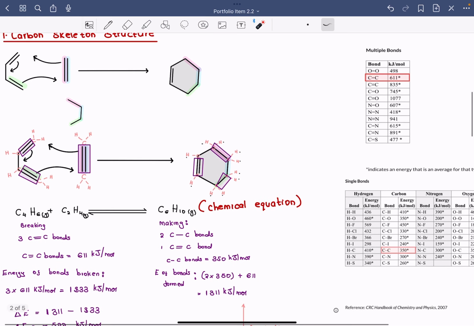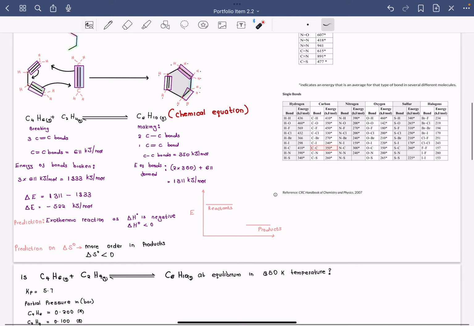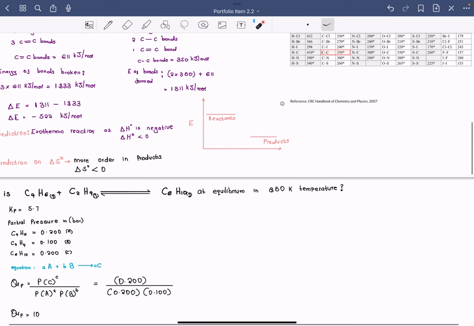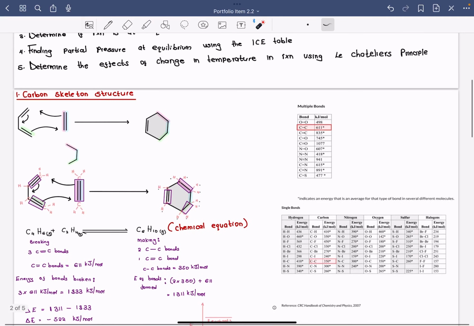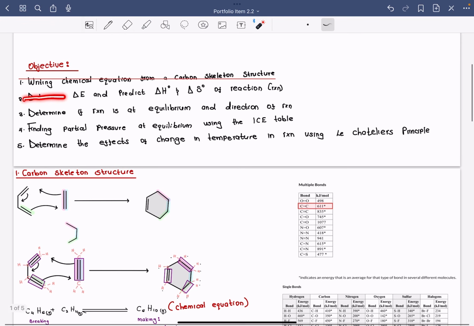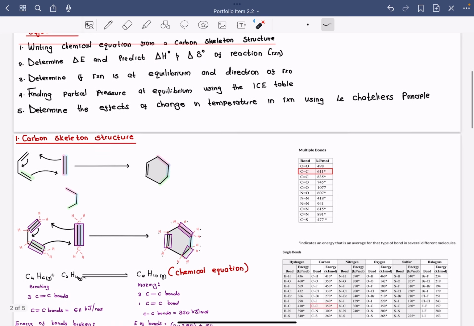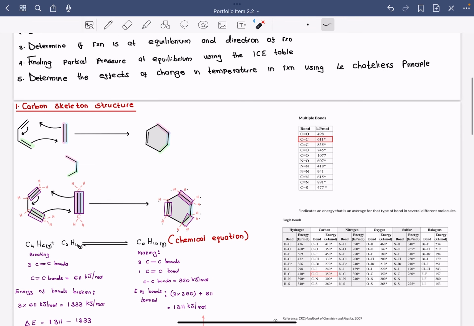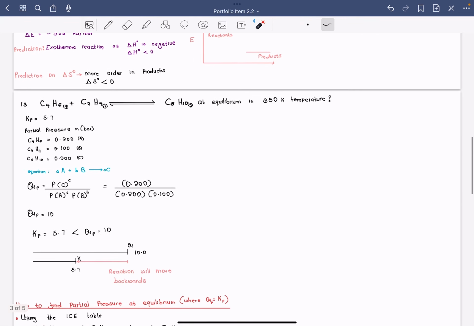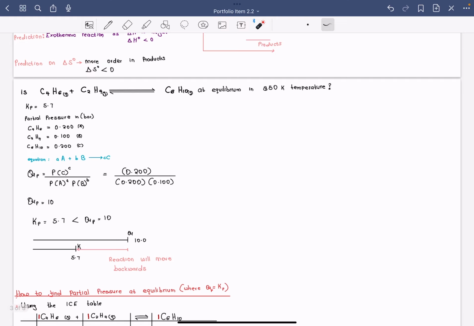That means our entropy is decreasing, and that's going to make our delta S less than 0 because we have more order in the products. And so we have determined our delta E and predicted the delta H and delta S of the reaction.